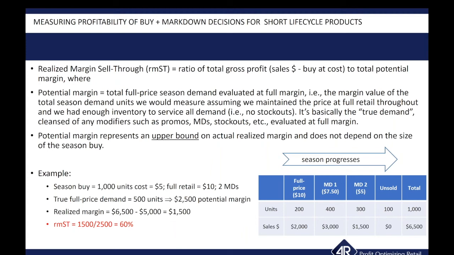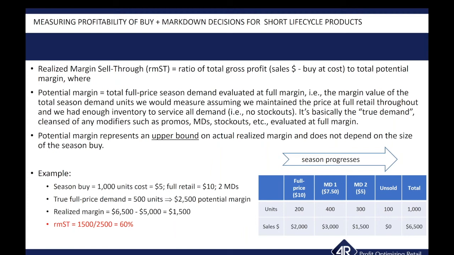The realized margin is equal to sales dollars minus the procurement cost, which is 5,000. So it's $1,500. So of those $2,500 of potential margin, we only capture $1,500, which gives us a realized margin sell-through of 60% for this specific example.